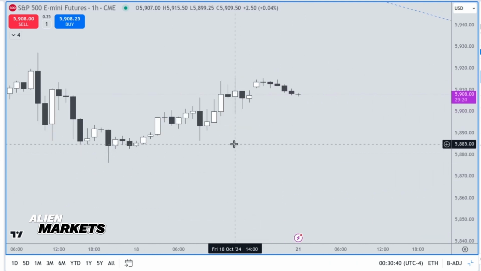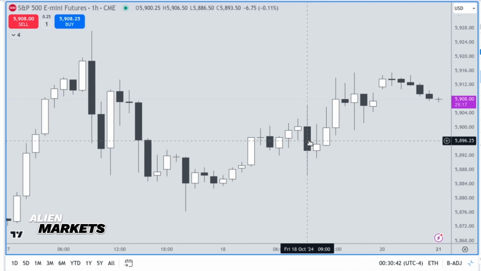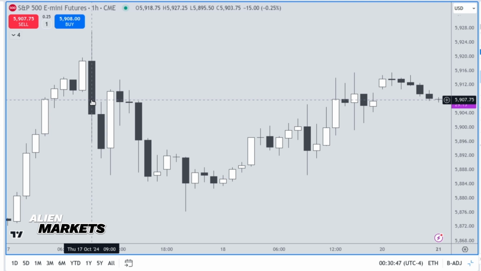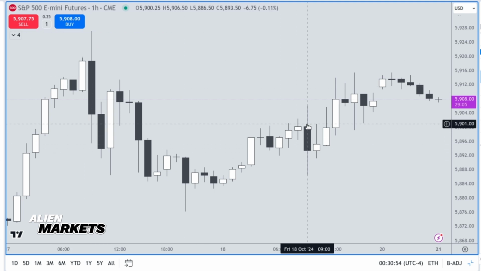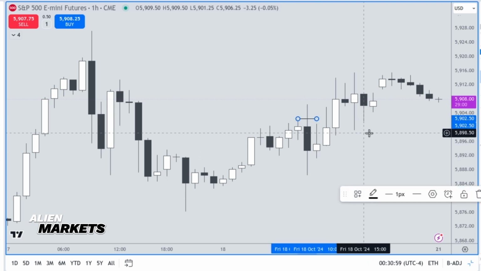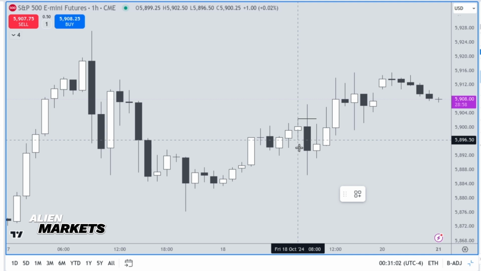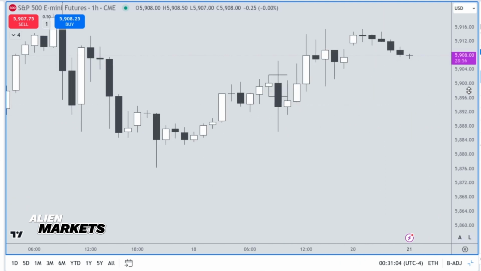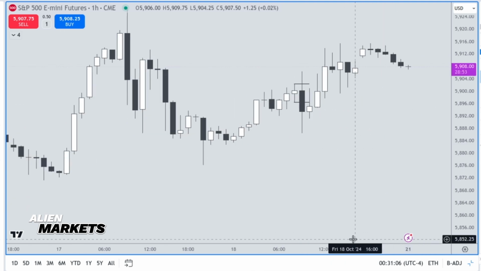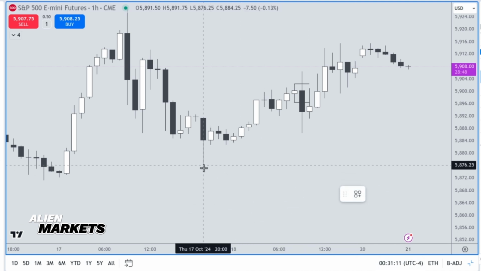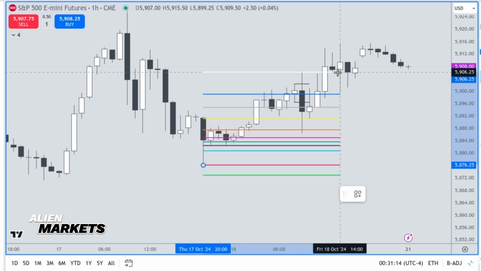Look at this right here. Friday, 9 a.m. 9 a.m. also. Well, there is volatility in the market, right? At 9 a.m. There you go. 9 a.m. again. So here on a higher time frame, we can see that we have a movement, displacement, right?